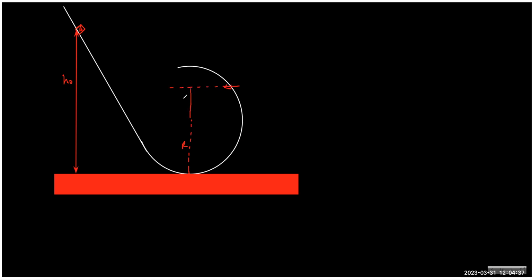The block leaves the track at 3r/2, so from the center it is r/2, I think, right? Then only you can leave at r/2. So at this point it leaves the track and then it follows the projectile path. You may be wondering how the color will change while it is going down, because it may start with blue. Now it leaves the track and follows this path.